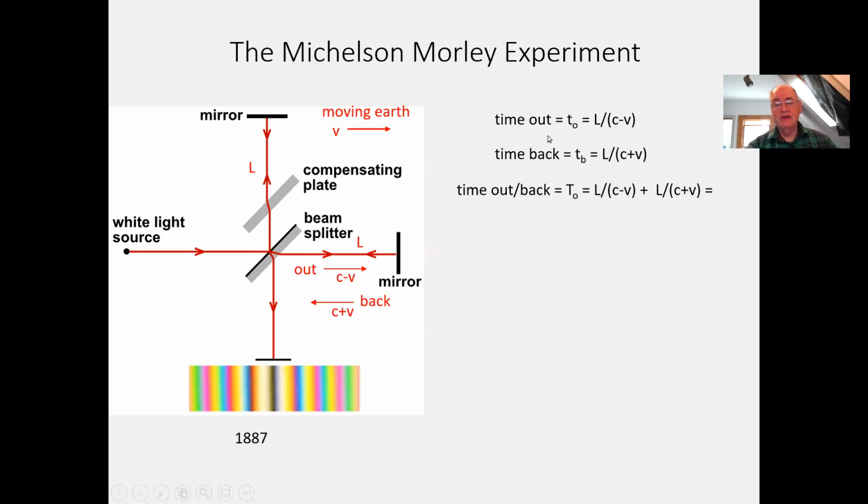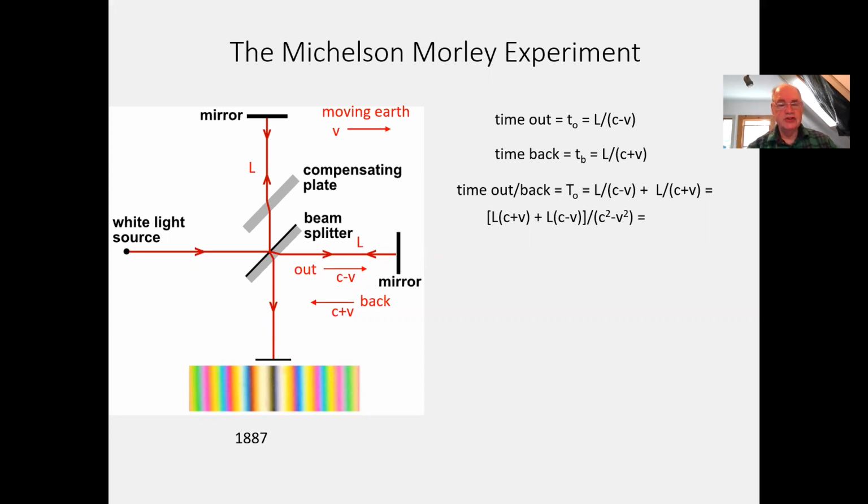And we have a couple of fractions to add. We can certainly take the common denominator, c squared minus v squared. I just multiplied those two denominators together. We used our algorithm of adding fractions. Okay, and c minus v goes into c squared minus v squared, c plus v times, et cetera, we multiply by the L's up on top, and we get that numerator.